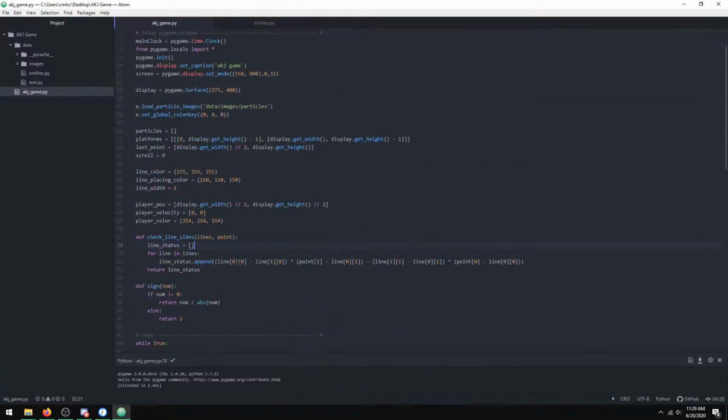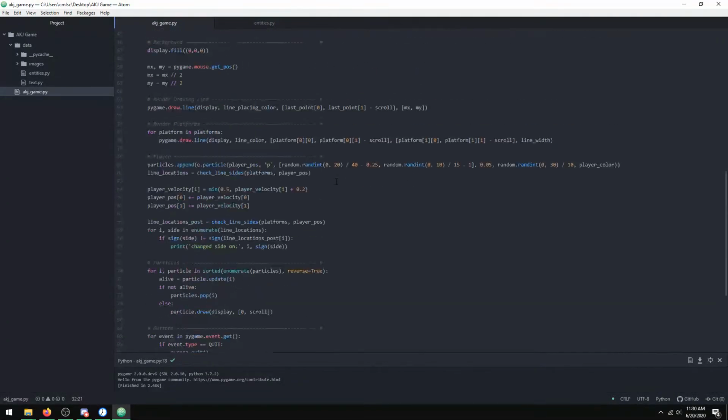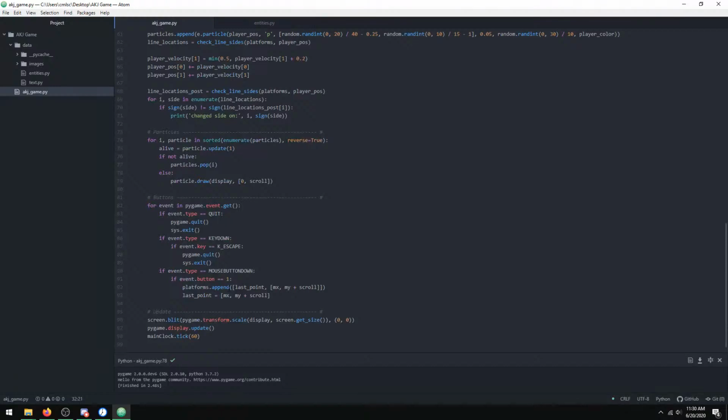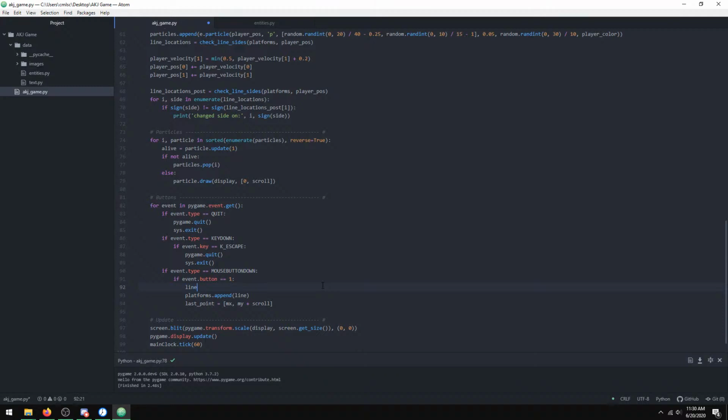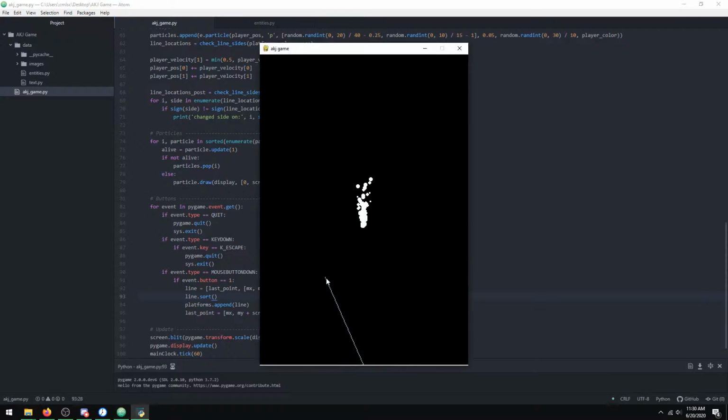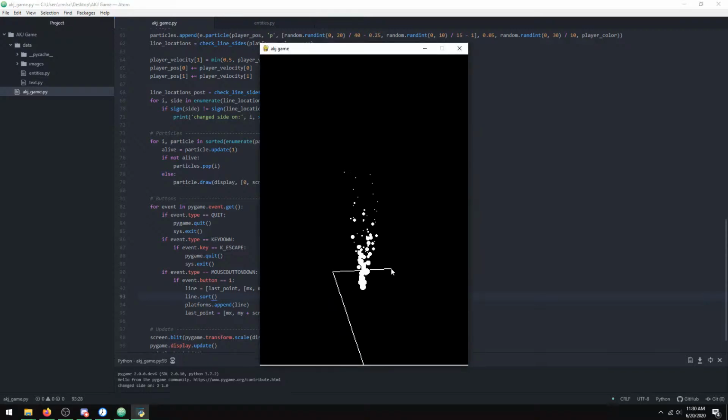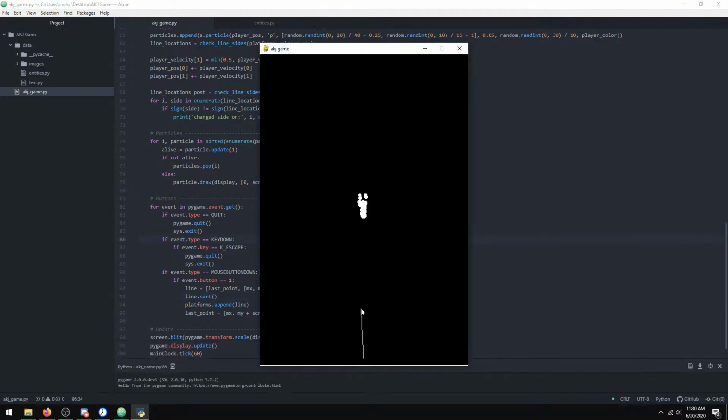Looking at this algorithm, I'm just going to call a dot sort on it when I append. Line equals that, line dot sort. Let's see if it always works now.